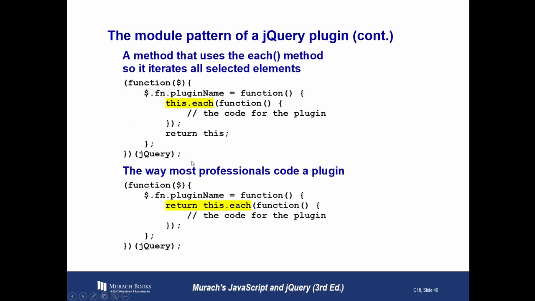The third example shows how to make the plugin able to iterate through all of the selected elements by putting the code inside of the jQuery each method. The fourth example shows how to combine the coding practices in the second and third methods as we start writing a plugin.